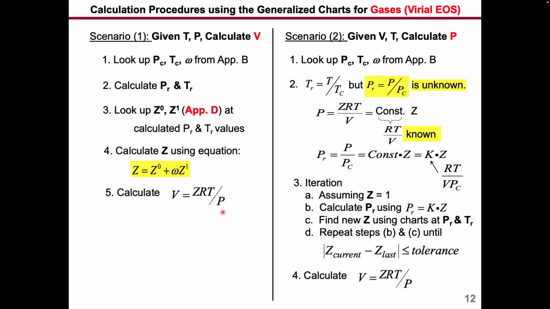Similar step. Okay. So these are how you can find the PVT relationship. You can calculate compressibility factor in two different scenarios using these generalized charts specifically for virial equation of state.